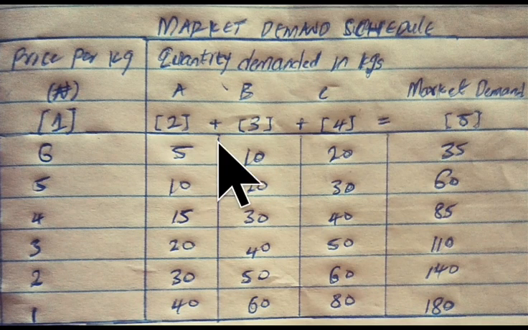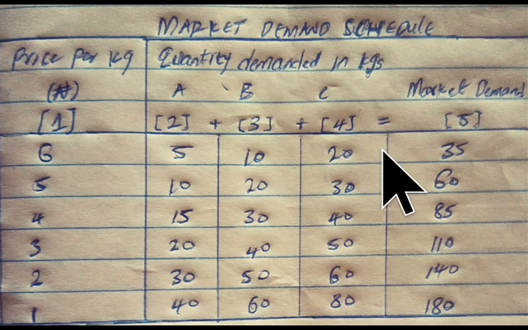This is the table for the market demand schedule. Given the table, we have 5 columns, column 1, column 2, column 3, column 4, column 5. The column 1 is that of the price per kg in local currency, naira. Column 2 represents the individual demand of what? Individual A. The same goes to column 3, which represents the quantity bought by what?